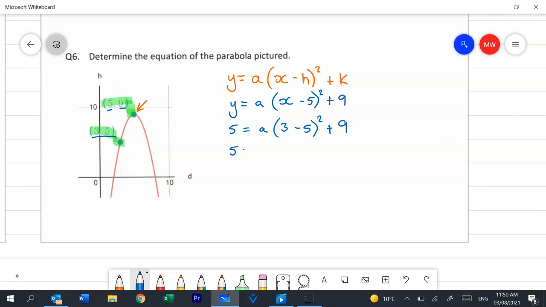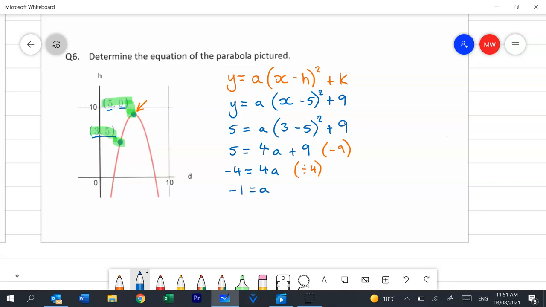That means that 5 equals a, and then here we've got 3 minus 5 makes minus 2, and minus 2 squared is positive 4. Balance method to get a. Take 9 from both sides. Let's divide by 4 on both sides. And we'll find that a is minus 1.